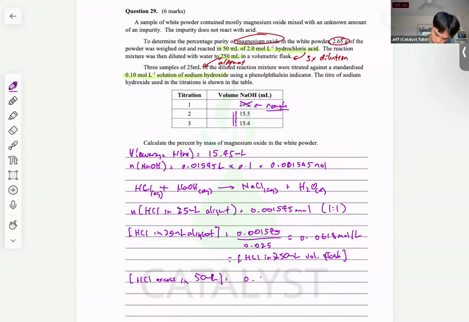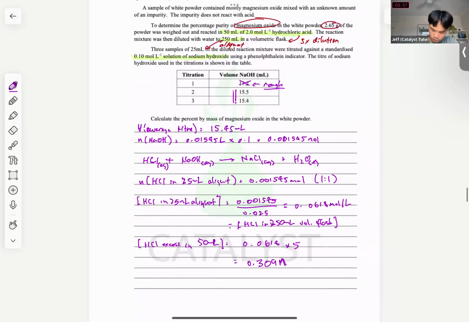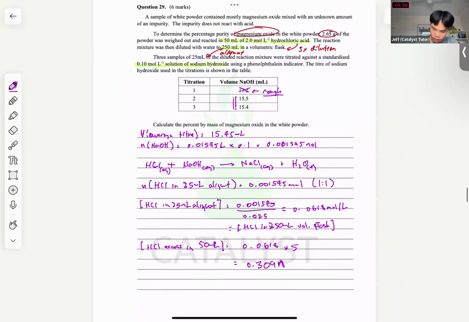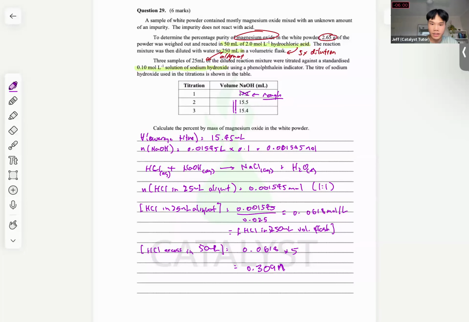So it's 0.0618 times 5 to give you 0.309 mole per liter. And you can find now the moles of hydrochloric acid you had present.